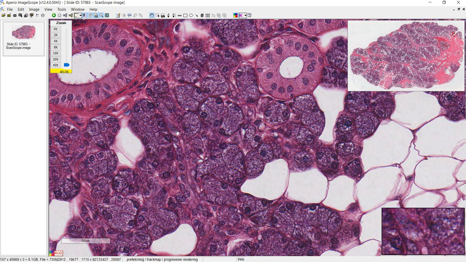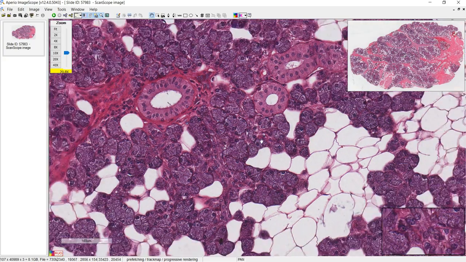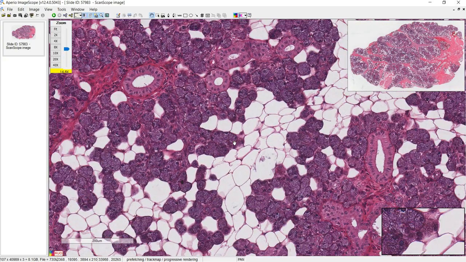Here's one of the intercalated ducts. See my cursor is going along the lumen of the duct. Here's your short cuboidal cell. Here's another one. There's another few cells. Let's see if I can find a better example.